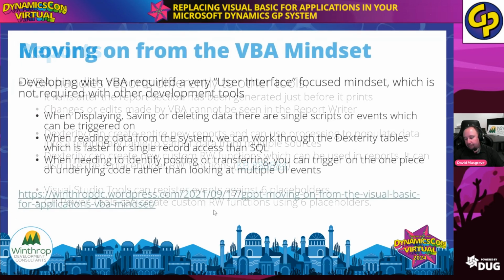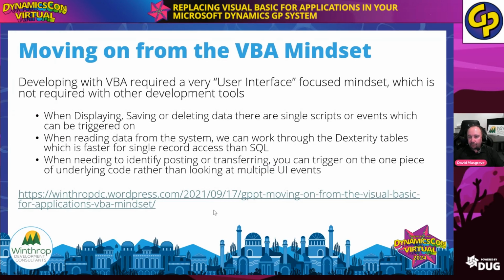So the concept of moving on from the VBA mindset: VBA was designed around the user interface. So everything you do needs to be focused on something that's happening on the user interface. Just to give you an example, there are 7 ways that a maintenance record or card record can be saved.